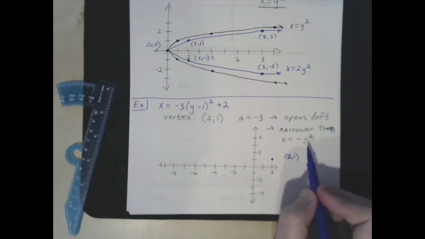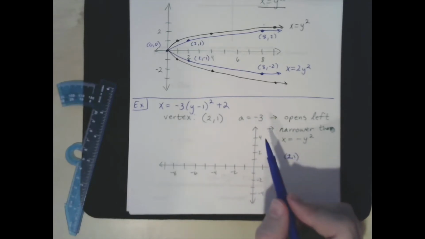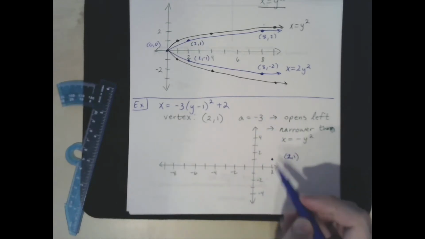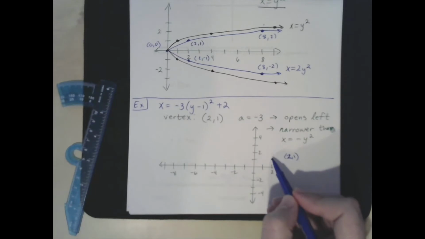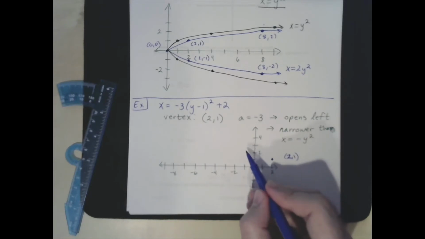But we're stretching that out by a factor of 3 because the absolute value of a is 3. So instead of 1, 2, it should be over 1, up 1 times 3, 1, 2, 3.